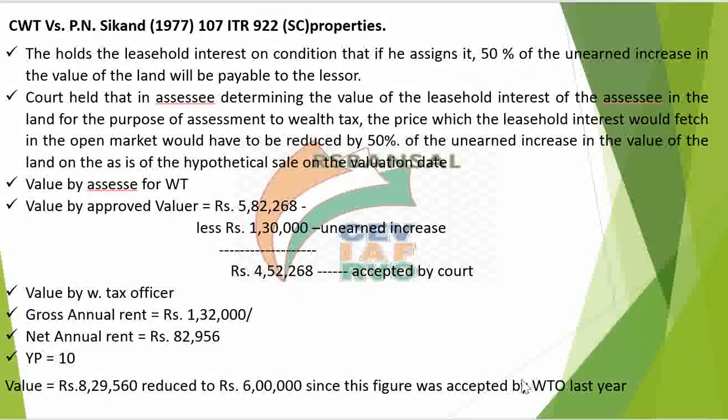But he did not consider this 50% unearned increase, whereas the court said this has to be considered. So this is the important thing: 50% of the unearned increase in the value of the land will be payable to the lessor. This is important to remember in the case of CWT versus P and Sikand.